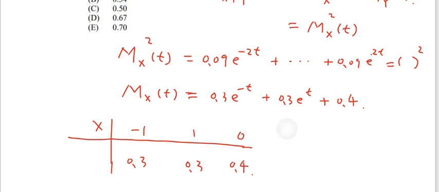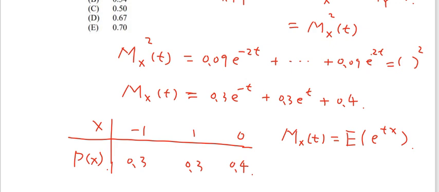Because this M_X(t), the moment generating function, is just equal to E[e^(tX)], right? So this x can be only -1, +1, and 0. Okay.